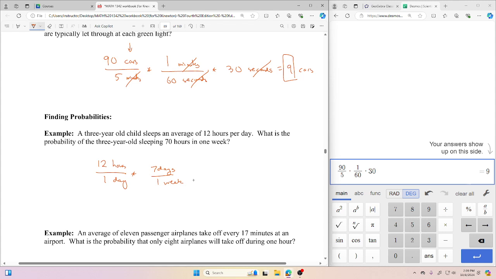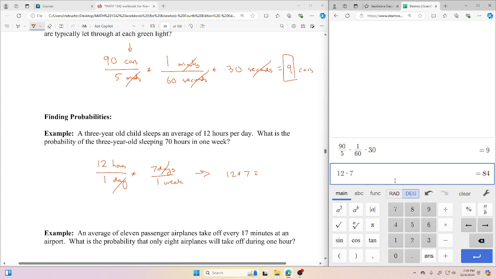And so if I look at it like this, my days are going to cancel, and I could say 12 times 7. I should probably know that one. 84. Thanks. 84 hours per week.